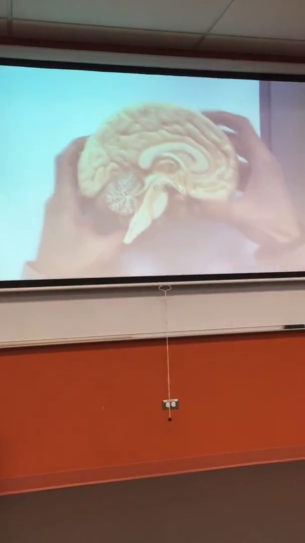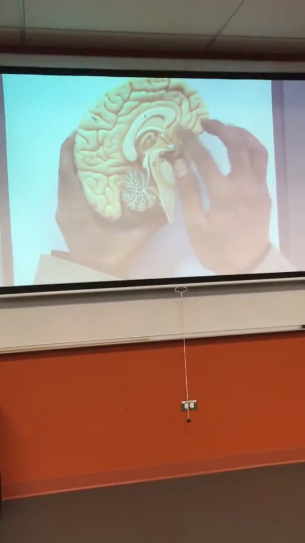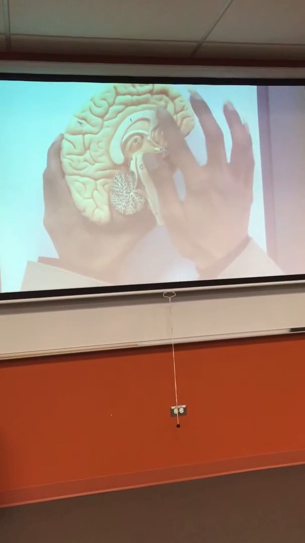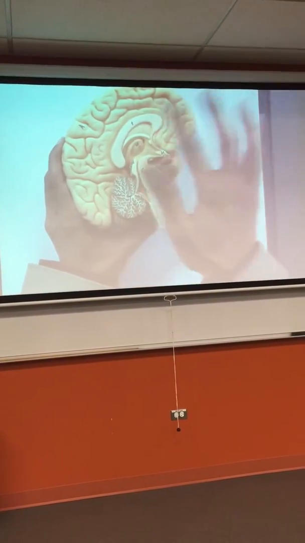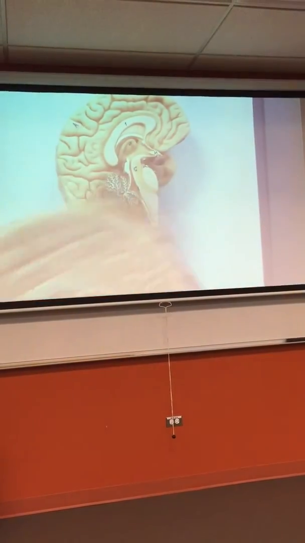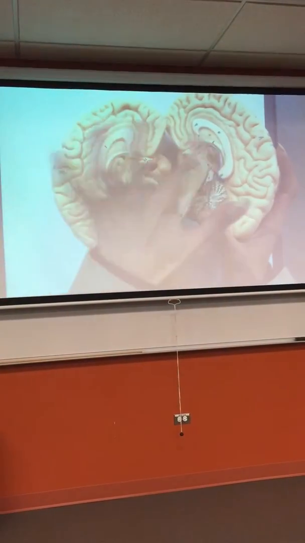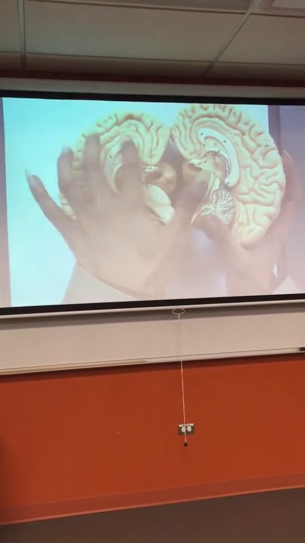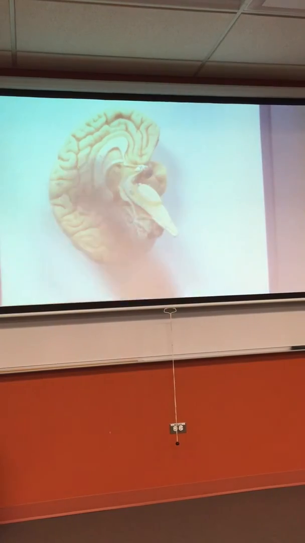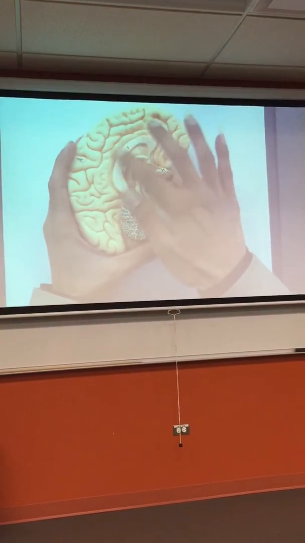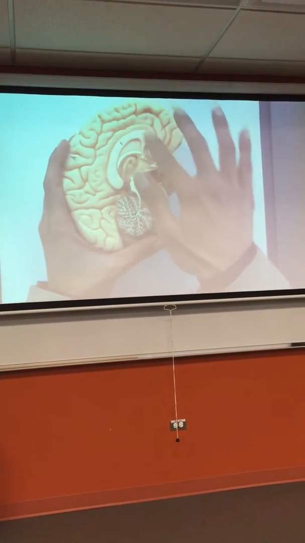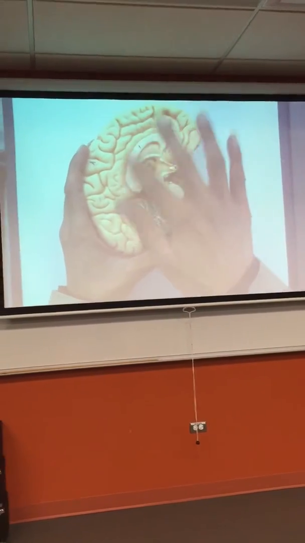All right, now we go inside the brain. You see these fibers here? These are actually commissural fibers that connect the two brain regions together, right? So this is the corpus callosum. The corpus callosum.